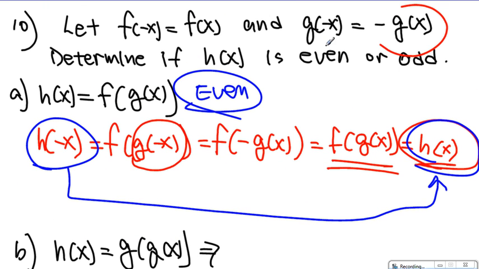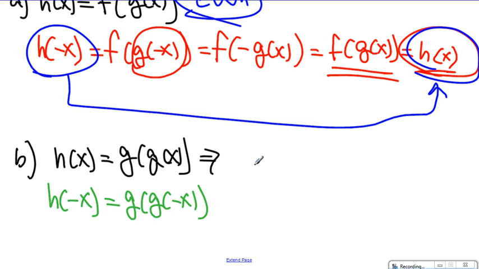Since this is an odd function, when you have a negative sign inside, it comes to the outside, as you can see. We're just going to play with this inner g of negative x. That becomes g of negative g of x.